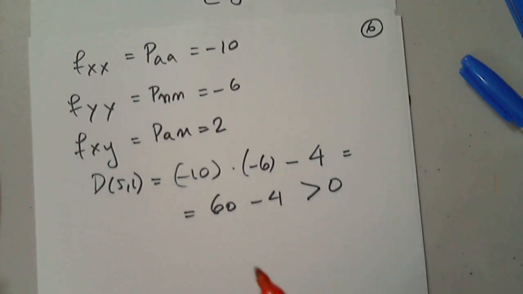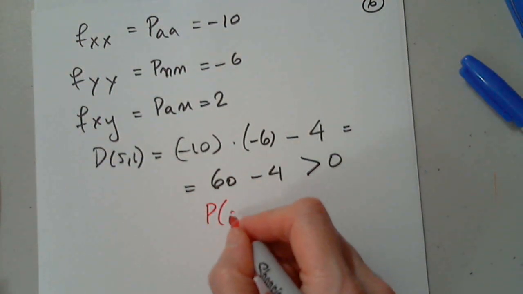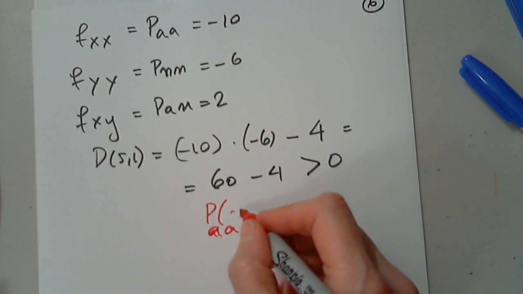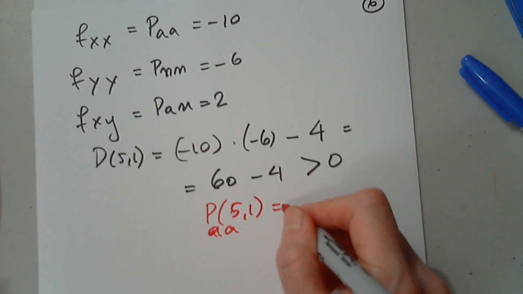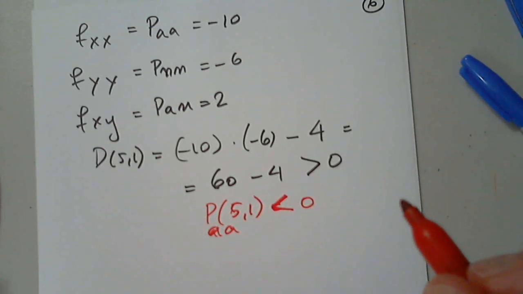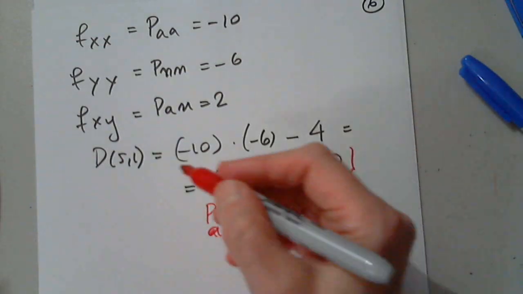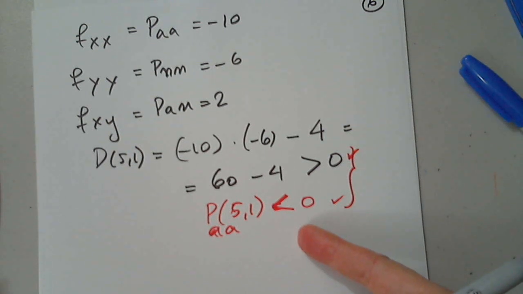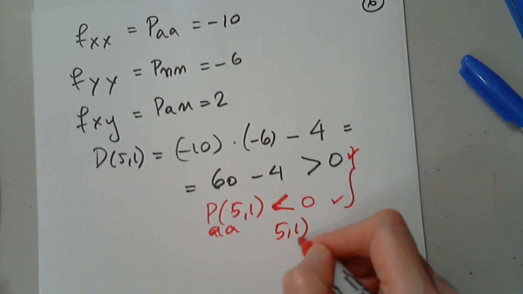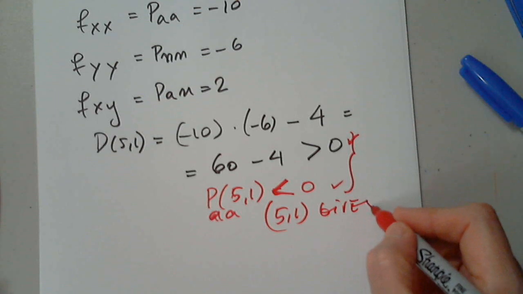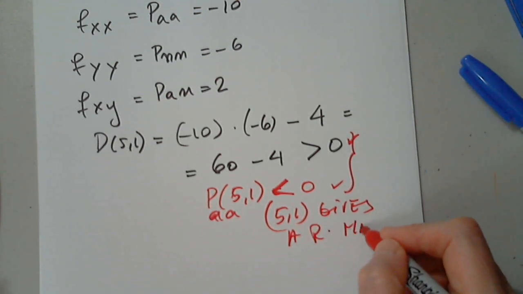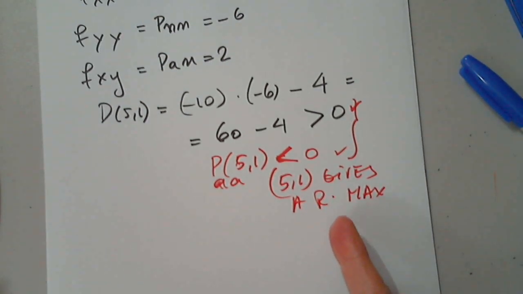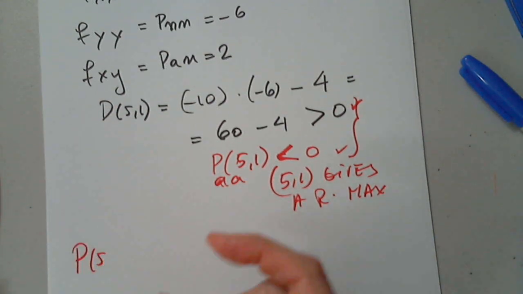So I'll write here PAA at 5, 1 is negative. Therefore, from these two, D is positive and PAA in this case is negative. Then we know that 5, 1 gives a relative max. But what is the relative max? I don't know. I have to find P, not PAA of 5, 1, but P, the function at 5, 1.